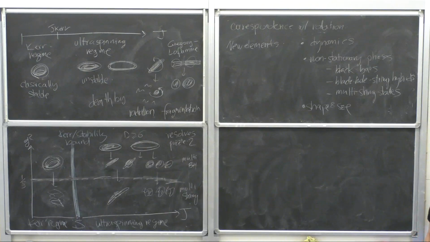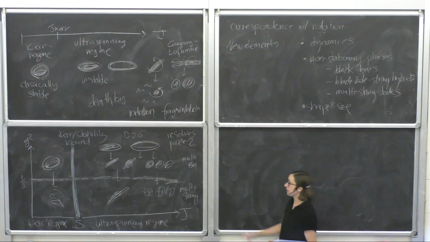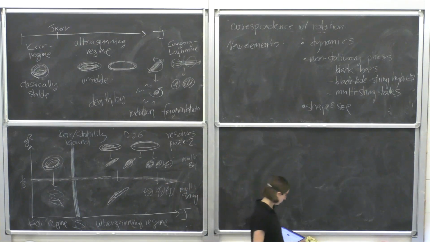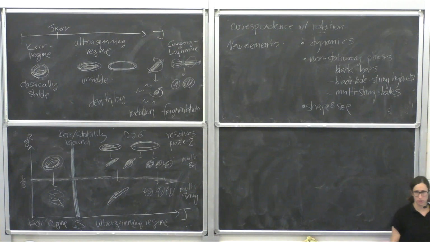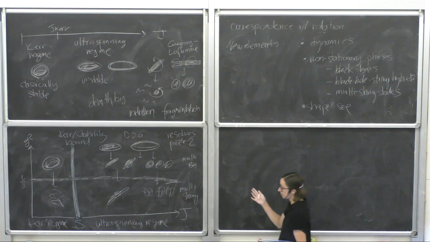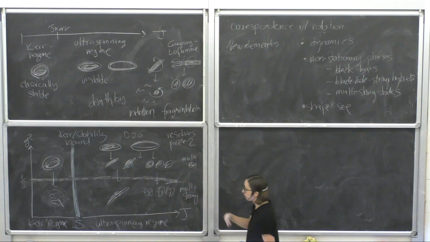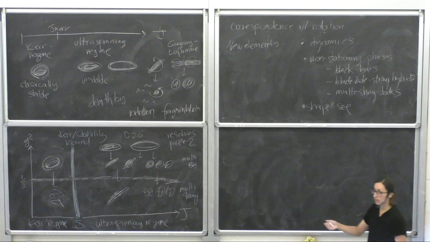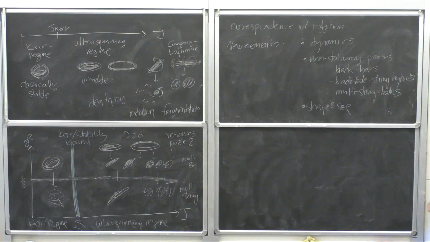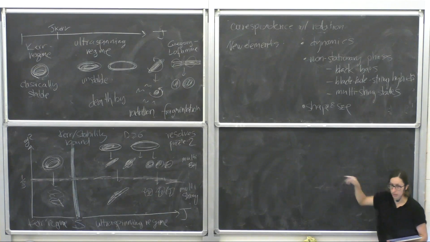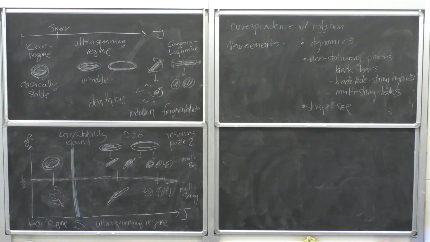And this hasn't been achieved yet. I think I gave the organizers a list of references that may include recent attempts at that, but it's not satisfactory. We're not at a satisfactory point where we understand this Horowitz-Polchinski ball, this region where black holes and strings are near the correspondence point. We don't have a good picture yet with rotation.